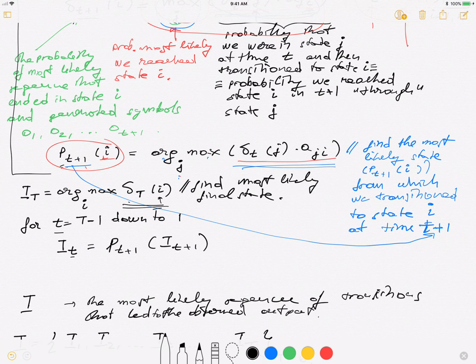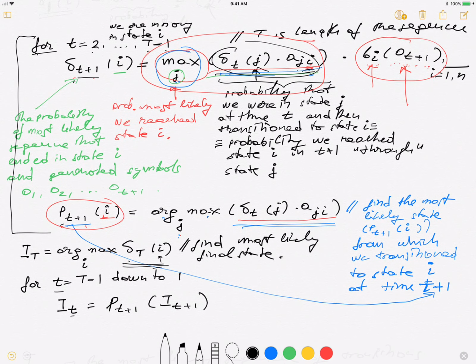Why? What is p t plus 1 of I t plus 1? This is the most likely state that led to state I t plus 1.